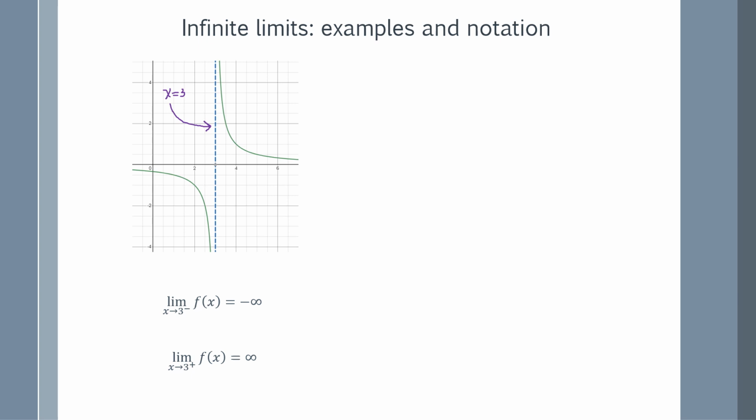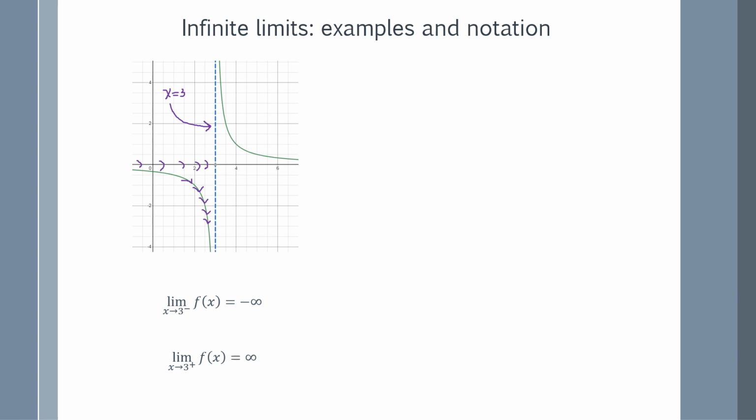So what is the limit as x goes to 3 from the left? This is us going in this direction here, approaching 3 from the left. We can see that our left branch is going down, and we have asymptotic behavior here, so the branch gets closer and closer to this vertical line, but it never touches it.